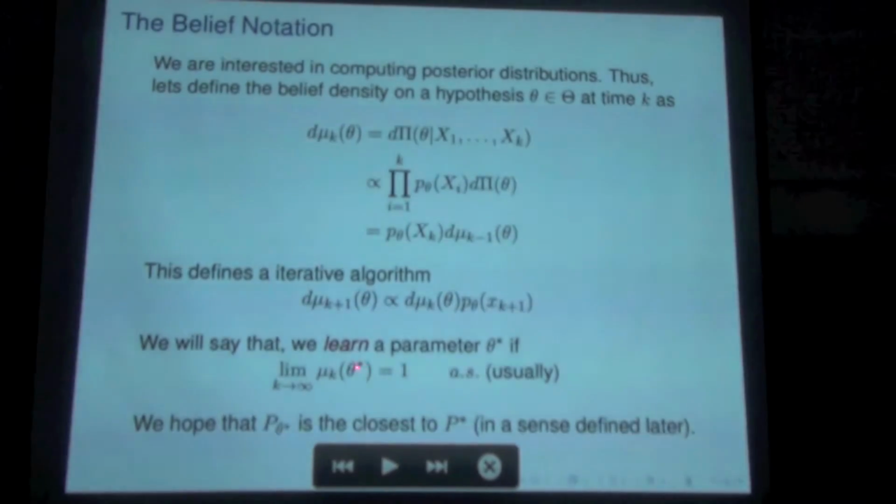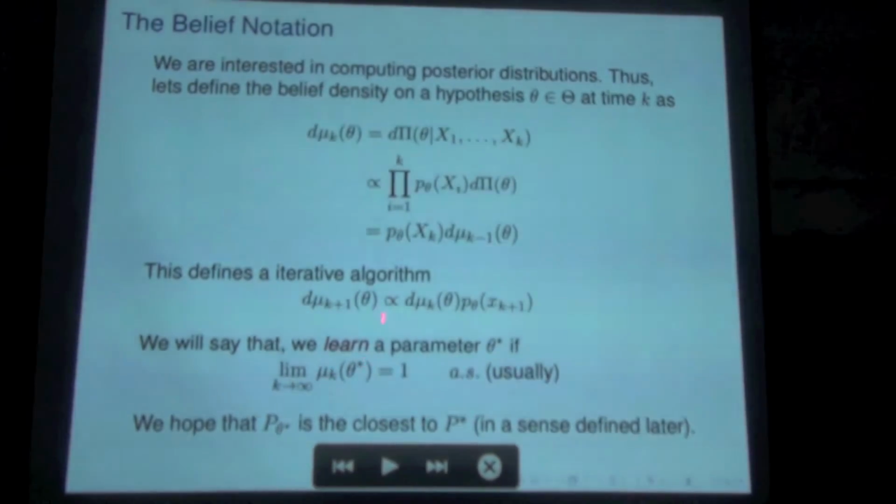And now this is important, which is the first time I define what is learning. This is the difference between machine learning and statistical learning, that now we have a proper definition of learning, which is the following. Given my beliefs, my density of beliefs here, I will say we learn the parameter theta star if this distribution concentrates around theta star, almost surely, right?